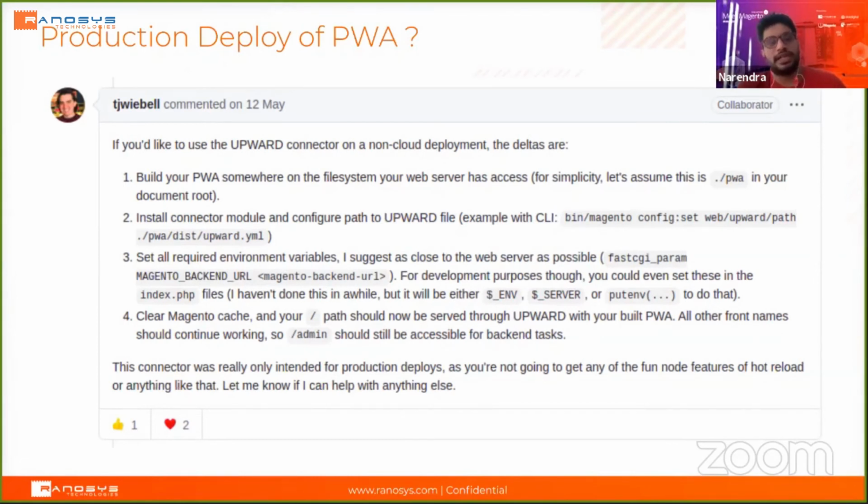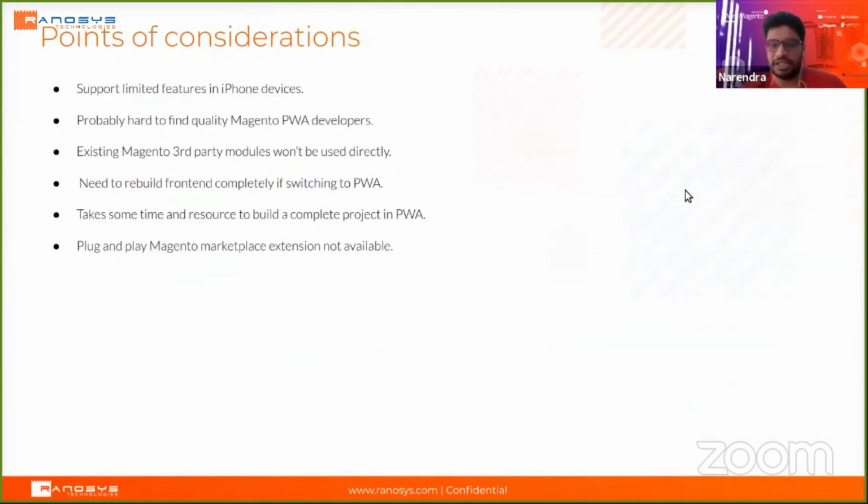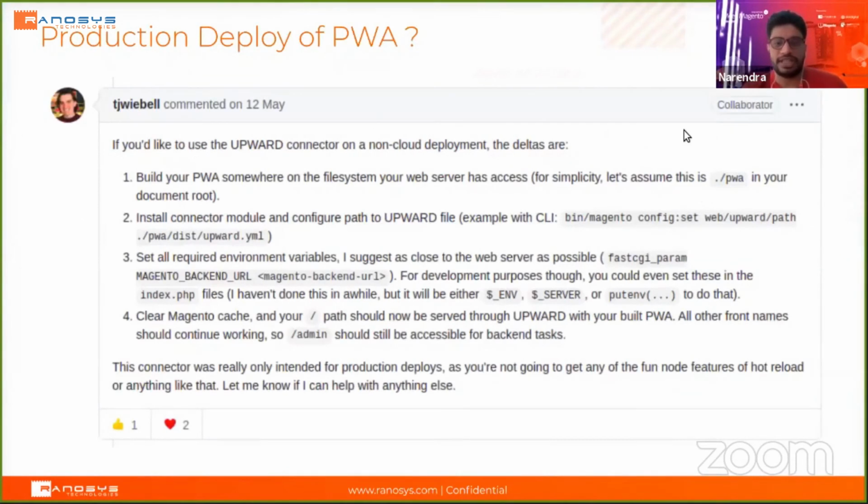So the recommended approach is that you can build a PWA in any of your locations. As he suggests, you can have a /pwa where you will have all those things. Then you can simply configure it with bin/magento config:set, pointing to your upward.yml, and then set the environment variable.